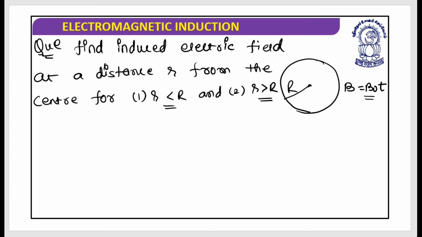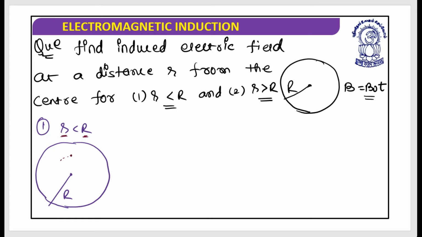So let's work on the first case, r less than R. Let's suppose this was the region. Its radius is R, and I need to find the induced field at a location where r is less than R. So I make a circular line integral limit with this small r, and I integrate over it.